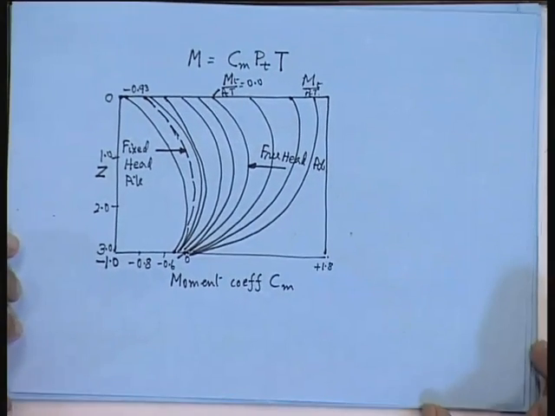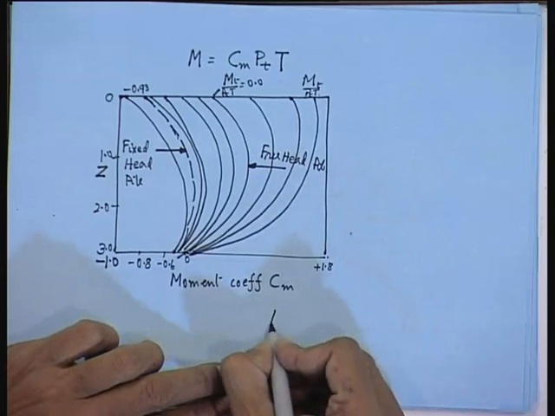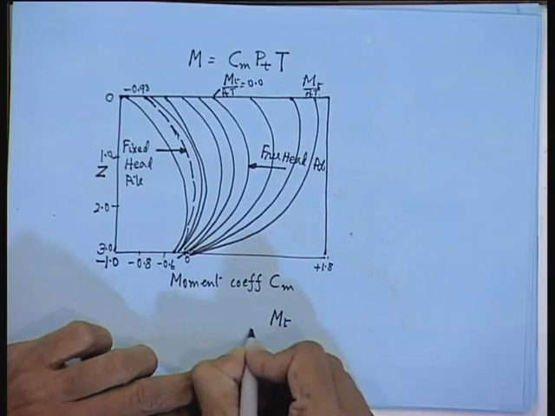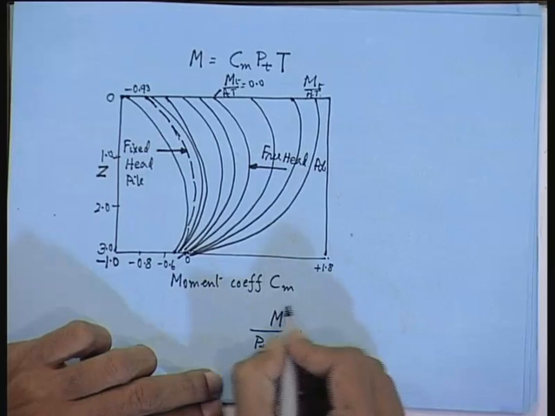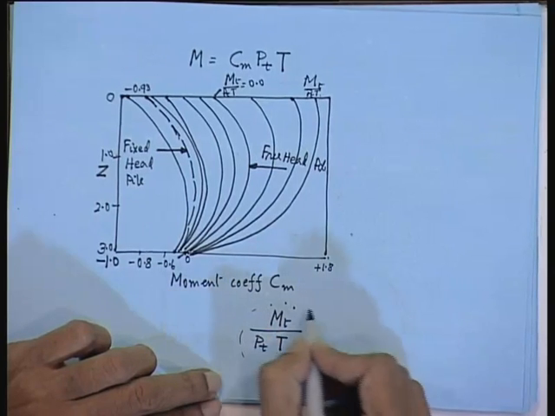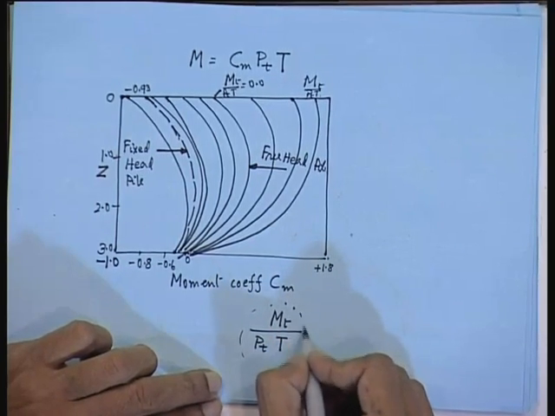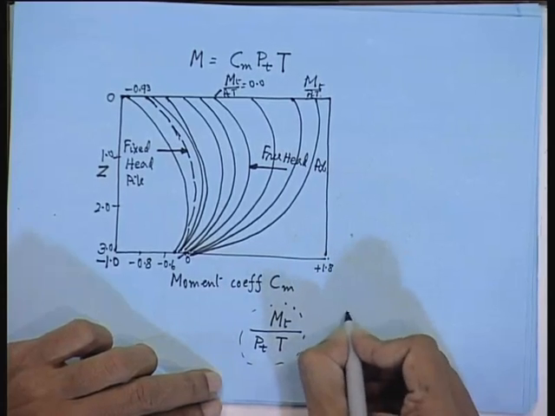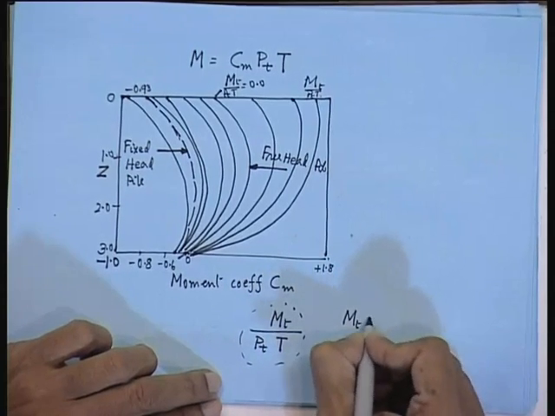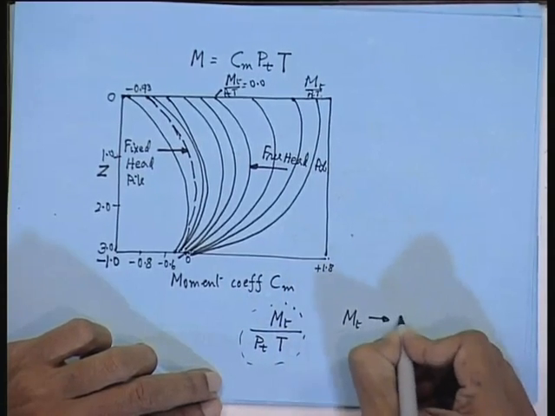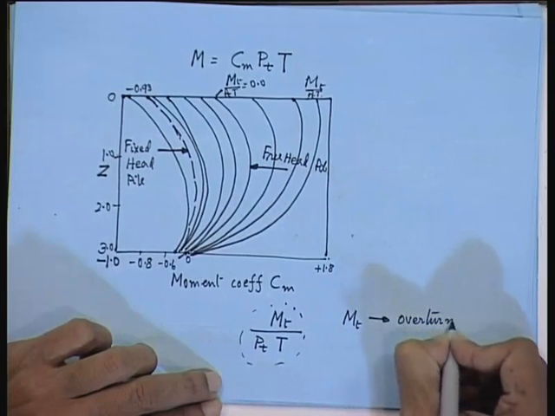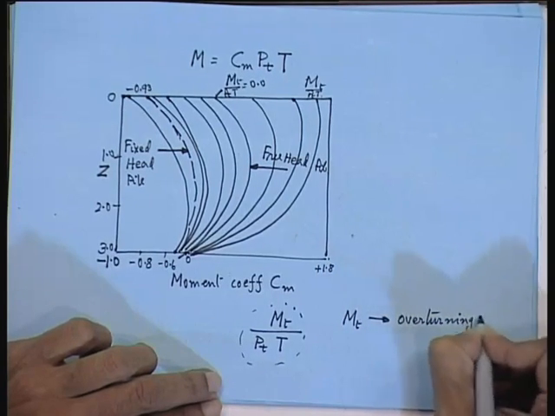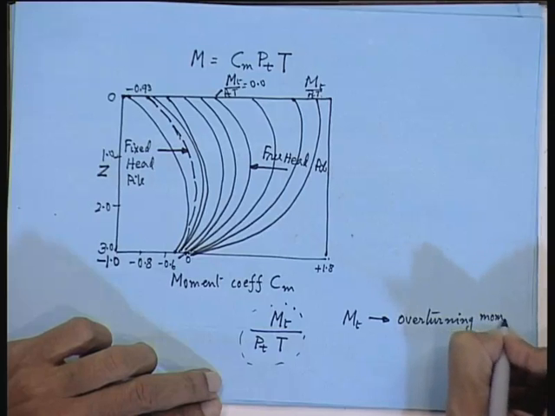See, this value, this mt, MT PT T. So, this is the most crucial factor. And MT is what? This you have to calculate.